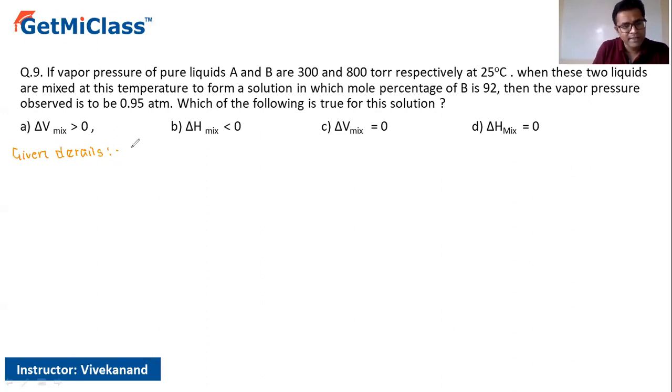First detail, liquid A. For liquid A, the vapor pressure is 300 torr.